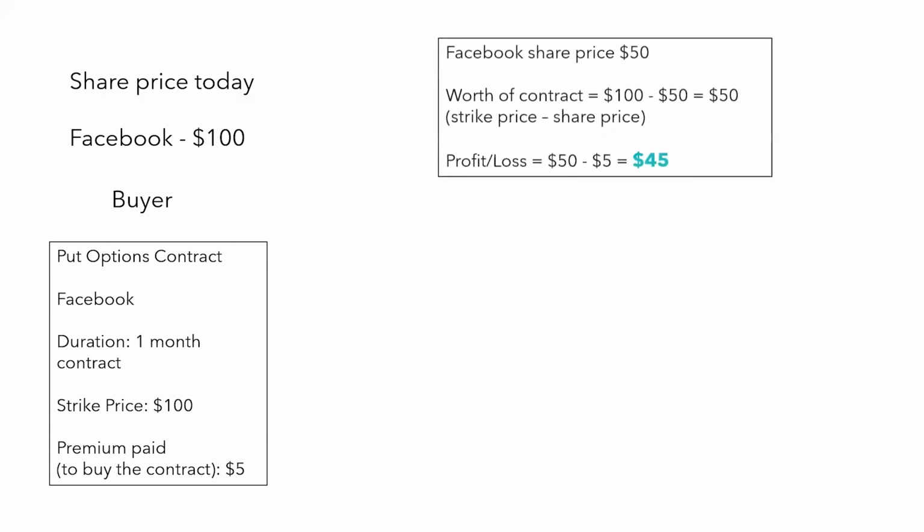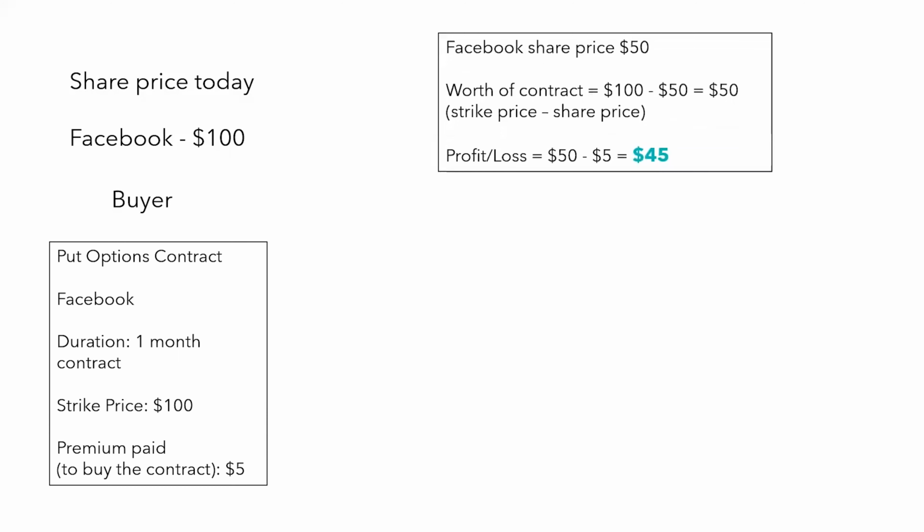Now, if the share price of Facebook dropped to $50, what's the worth of your contract? Remember, a put contract is kind of the opposite of a call contract. To calculate the worth of a put contract, you take the strike price, or the agreed price, minus the share price at expiry.